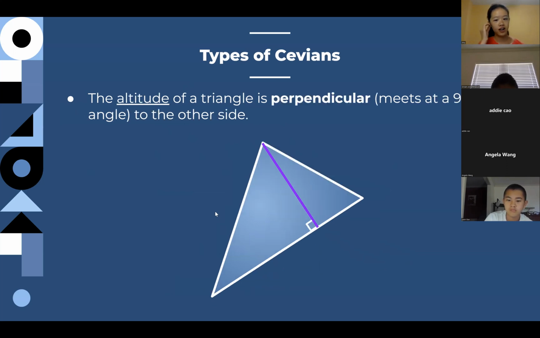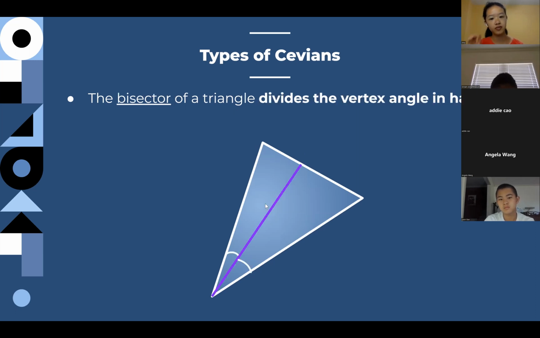And then like Angela just said, the altitude of the triangle, which is also its height, is a line that goes from the vertex and is perpendicular to the other side. So it meets at a 90-degree angle. And then finally, the bisector of a triangle is a Cevian that divides the vertex angle in half. You can see here that this line is dividing this angle into 2 equal parts, and that is called a bisector.